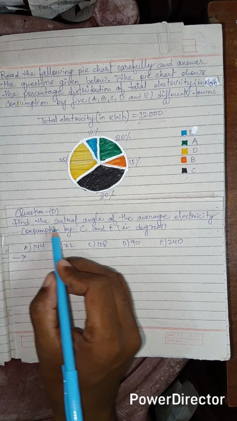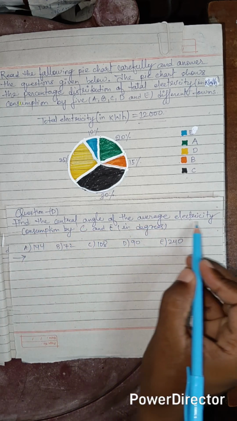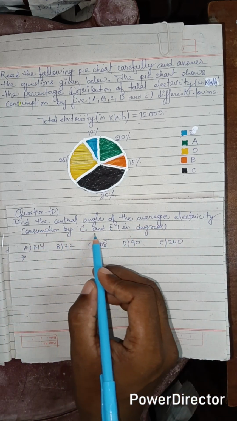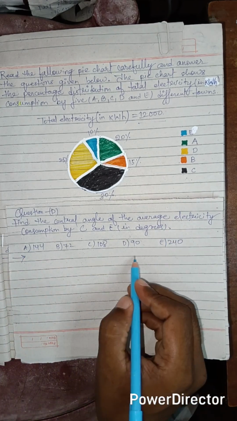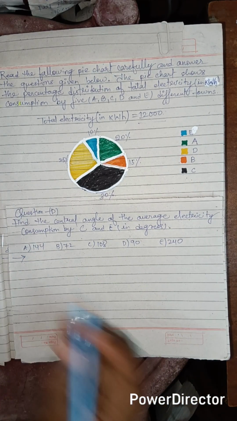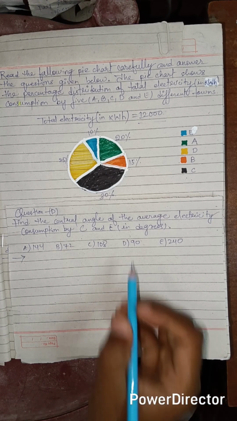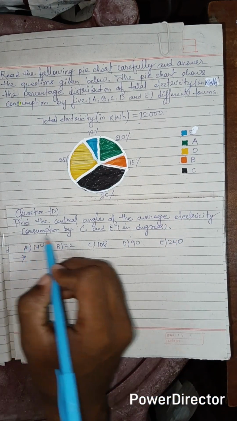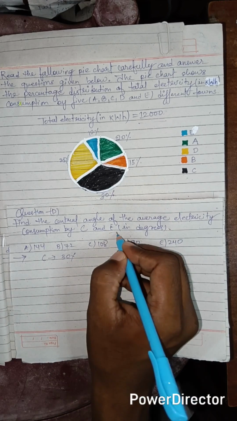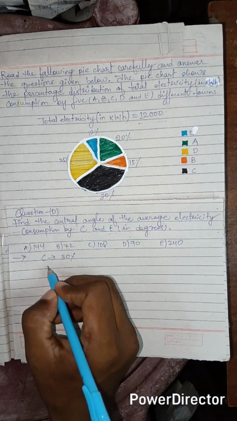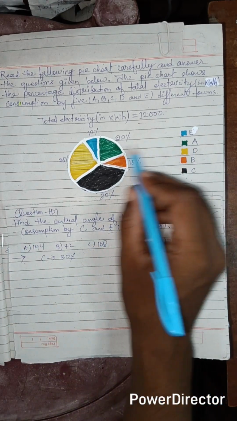The next question is: find the central angle of the average electricity consumption by C and E in degrees. These are the options. The electricity consumption by C is 30%, and for E it is 10%.